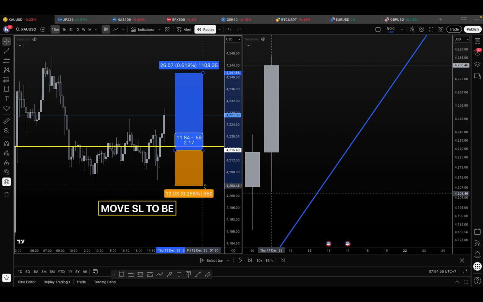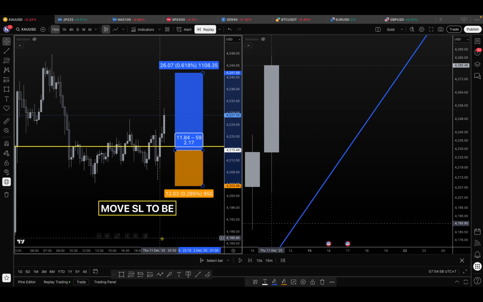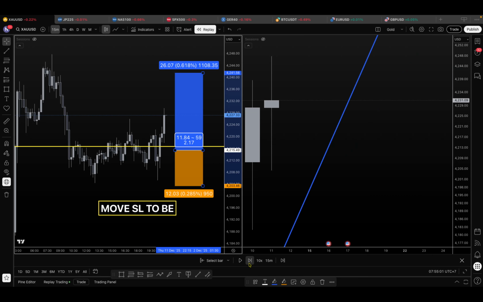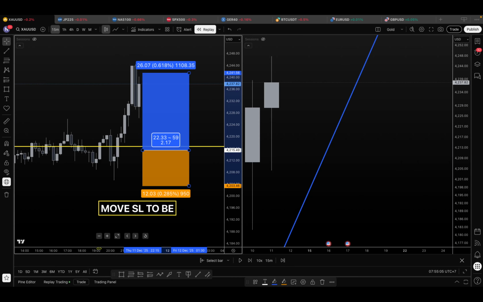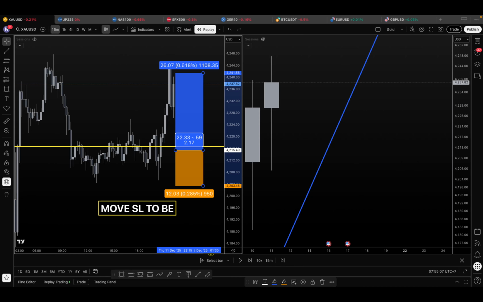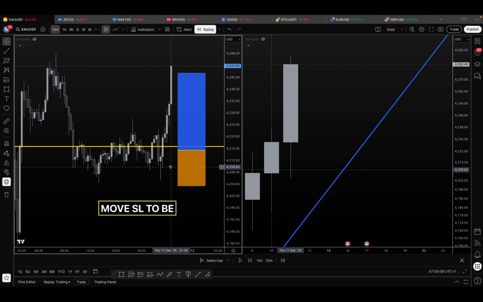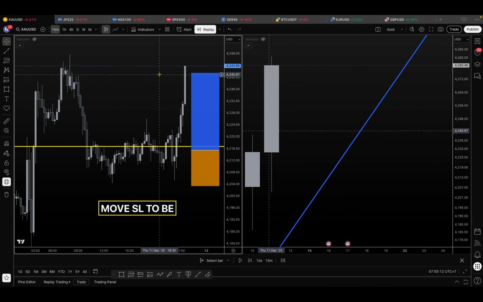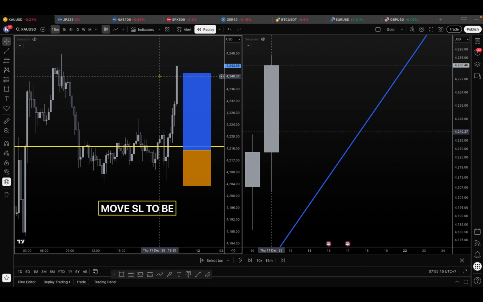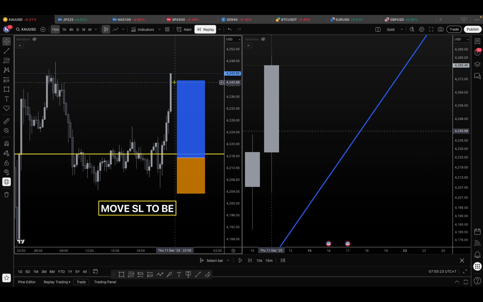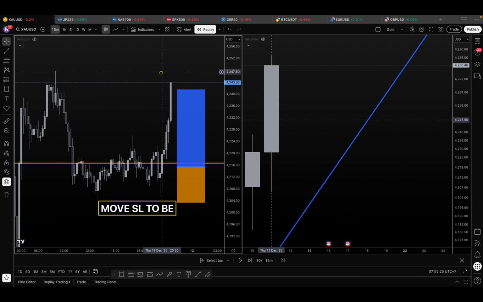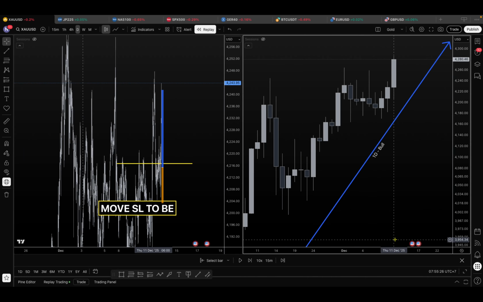Okay, and I waited again for the price. Right here, when the price reached this area, I closed 75% of my position and still kept one part, and I hoped that it could break this area and go much higher.